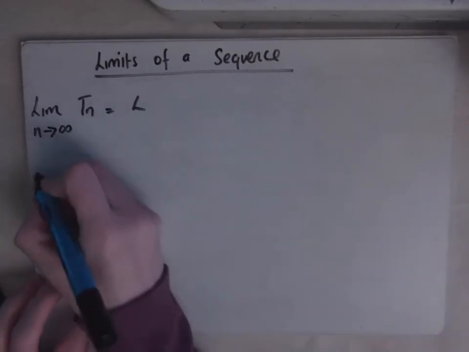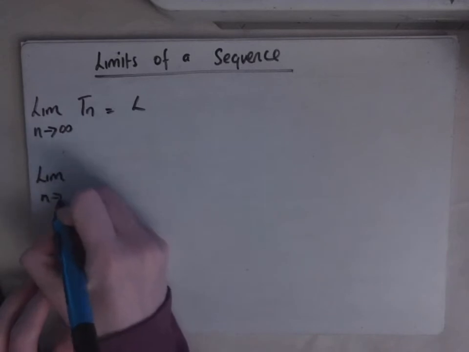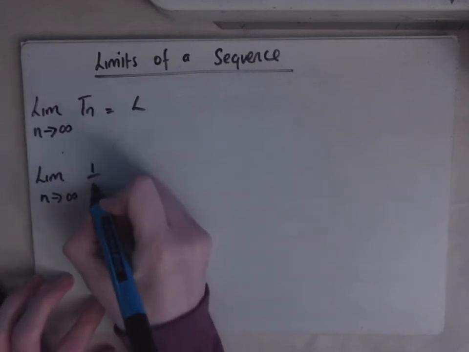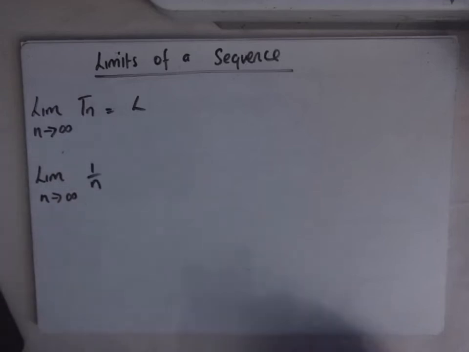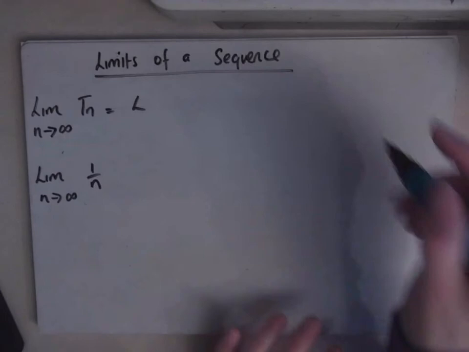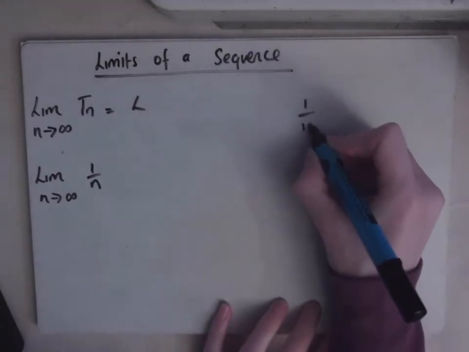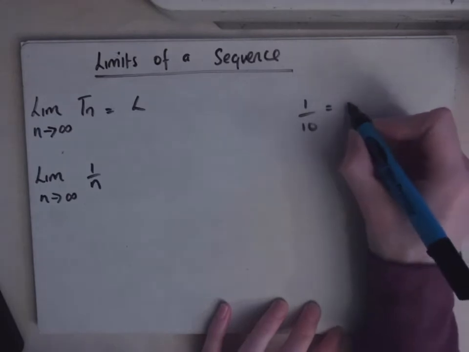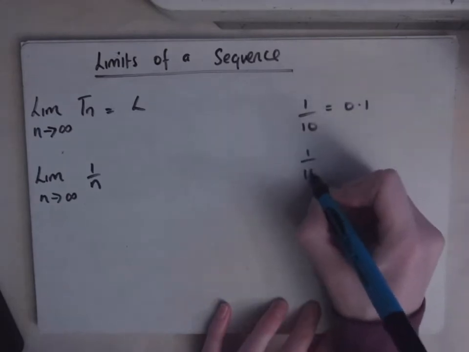Now there were a few things that we learnt using limits. So the limit as n goes to infinity of 1 over n. Can you remember what that is? So basically, if we pick a number, 1 over 10 instead of n, in this case that's 0.1. What about 1 over 100?